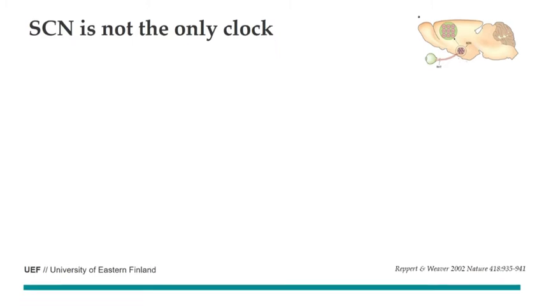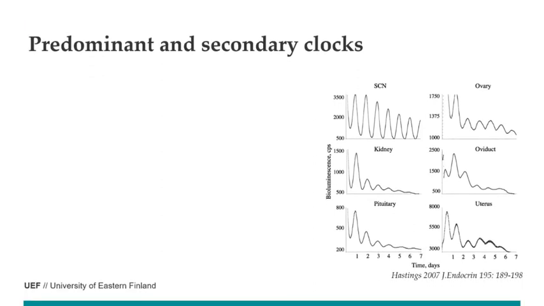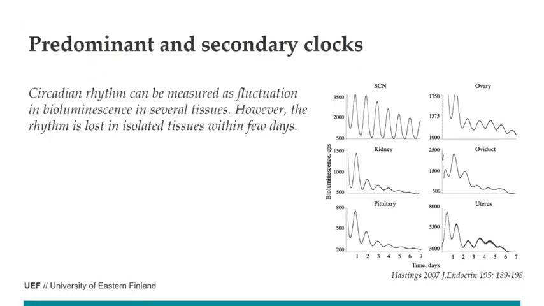So the suprachiasmatic nucleus is the predominant clock, but beside that, in several other tissues, there is this kind of fluctuation, and this fluctuation is happening in a 24-hour rhythm or whatever.